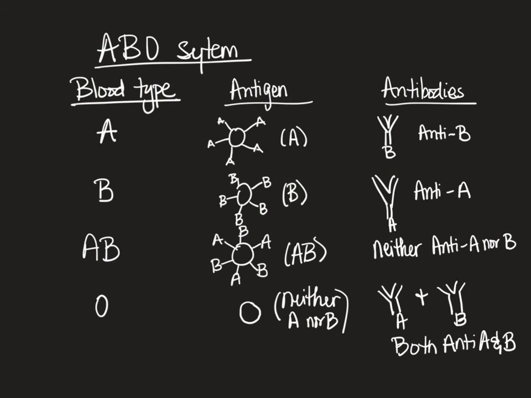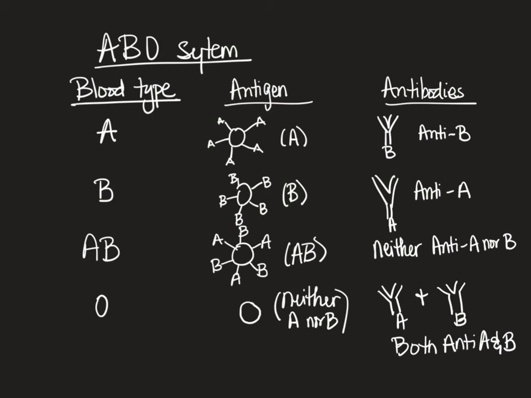All right. So this is where the blood system comes from. If you have type A blood, you have the A antigen on your red blood cells, but your body makes antibody B. If you have type B blood, you have the B antigen on your red blood cells, but your body makes antibody A. If you have type AB blood, then your red blood cells have both antigen A and antigen B, but your body makes neither antibody A nor antibody B in your actual blood, so in the liquid part of your blood.